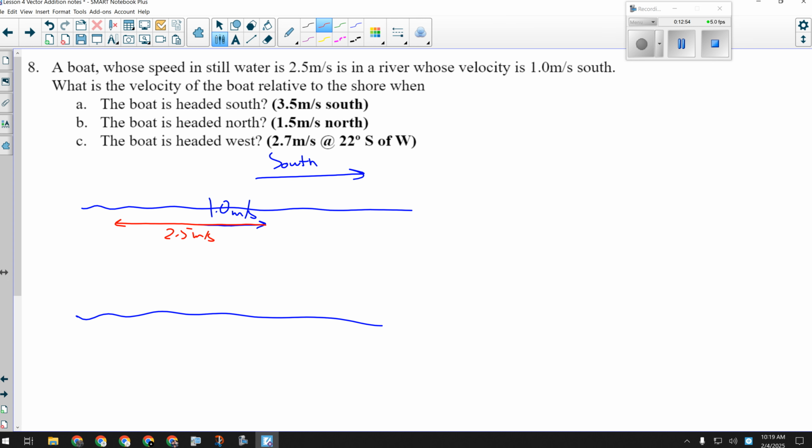And then for C, if the boat's headed west. So let's get rid of that. So boat is headed west. So if that way is south, west would be this way.